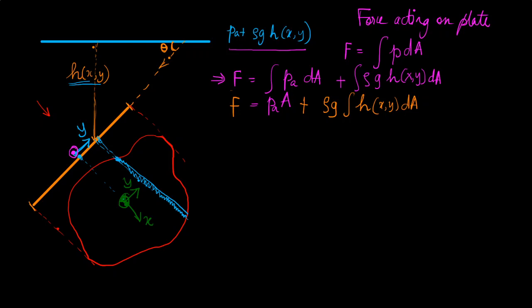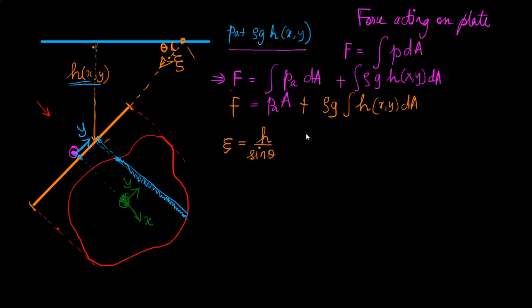So if I consider the coordinate originating from here as xi, then xi is equal to h upon sine theta, because xi is like the slant height up until this point and h is the depth. So from trigonometry we have xi is equal to h upon sine theta.